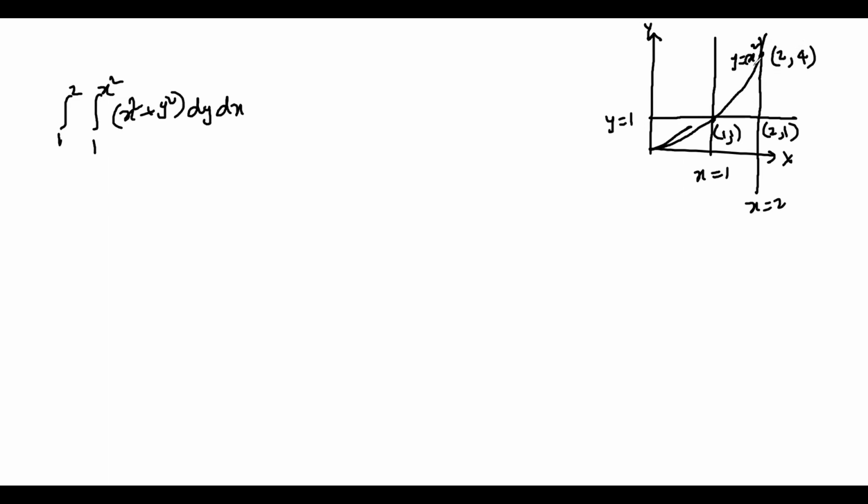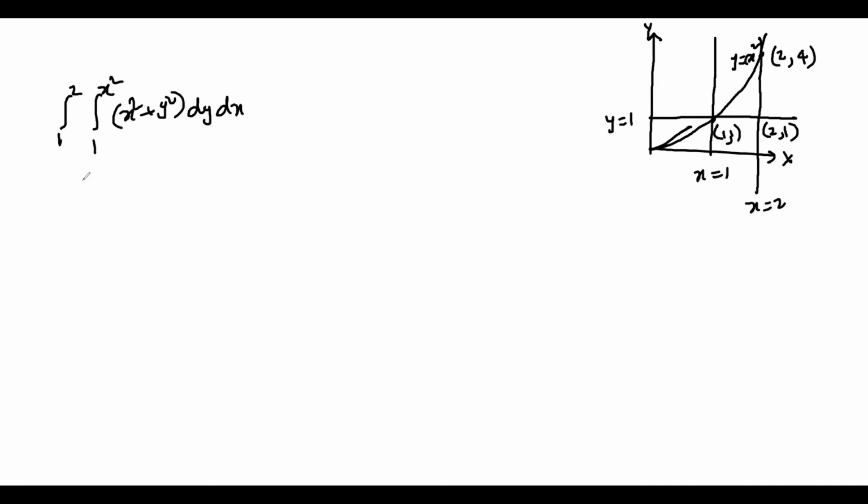Now the points of intersection: y is equal to 1 with x is equal to 1 and x is equal to 2, here 2 are there. So 1, 1 and 2, 1 are the points of intersection, and of y is equal to x square with x is equal to 1 and x is equal to 2 they are 1, 1 and 2, 4.